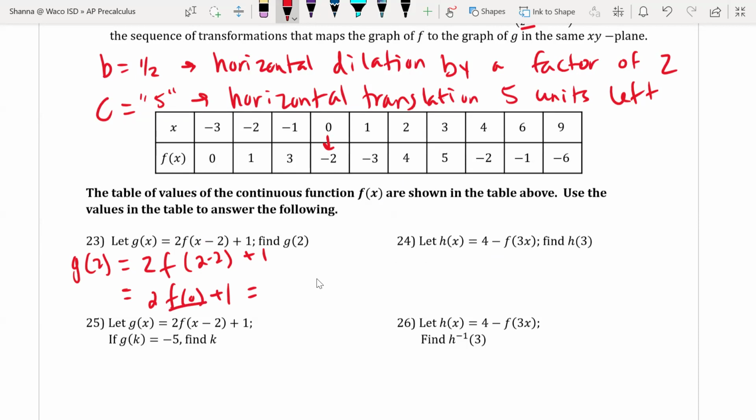So for f of 0, I'm plugging in negative 2. So we have 2 times negative 2 plus 1, and that gives us negative 3. Do we understand using the table to evaluate? Yes.